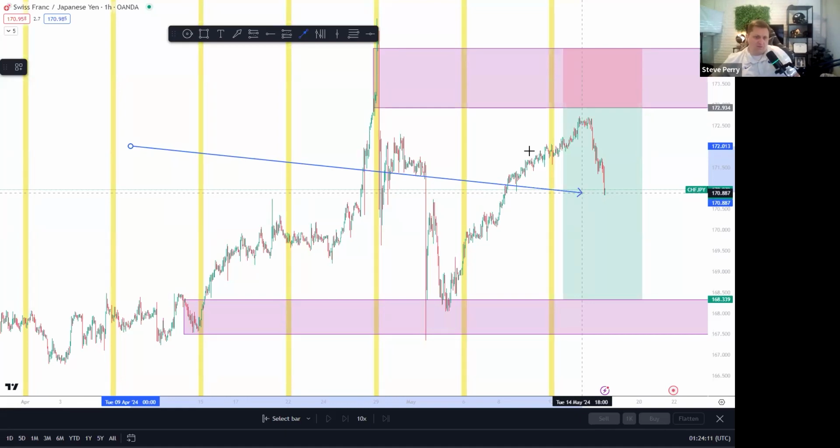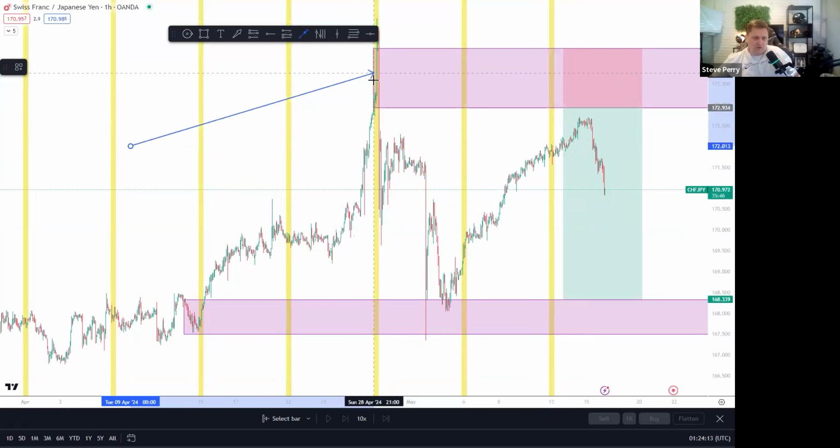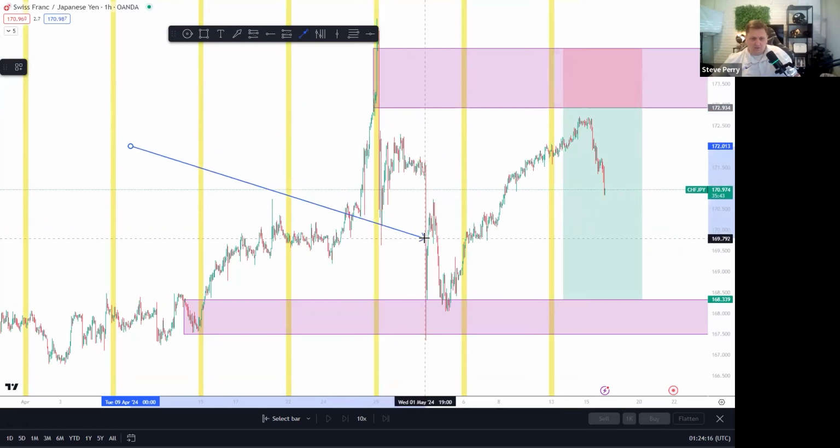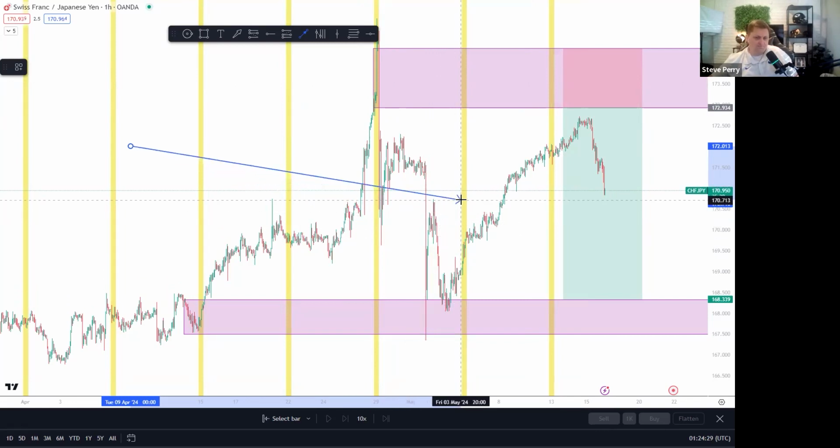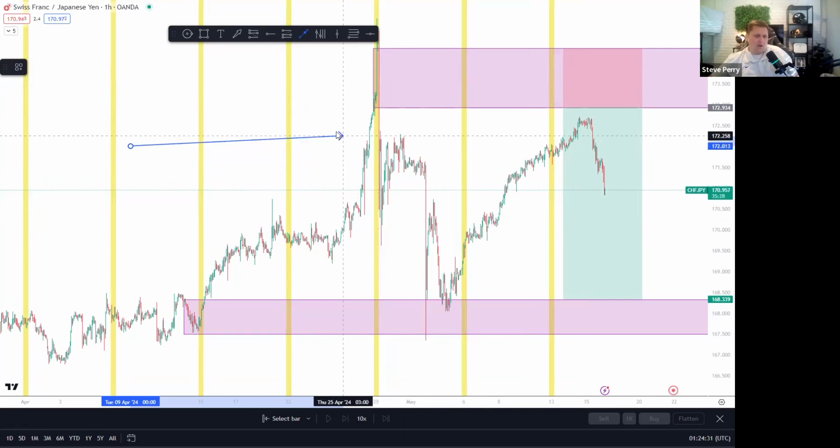That can be done by finding an imbalance, like we did over here. You can look for a liquidity zone to get in at, or a breakout entry would also work just fine.